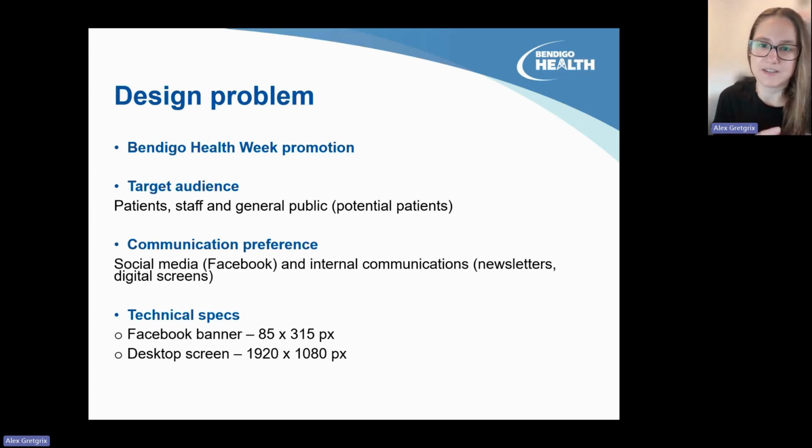It's a subtle way of telling staff that this thing is on. So the technical aspects I'll be working to were the Facebook banner and the desktop screen, which fits the actual aspects of the computer screens that we have.